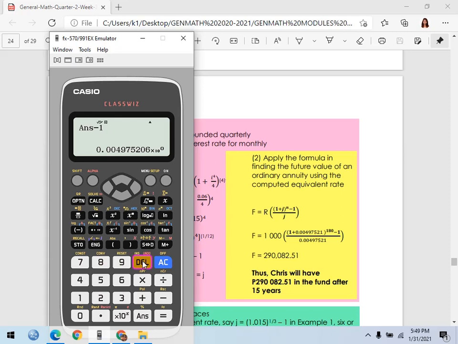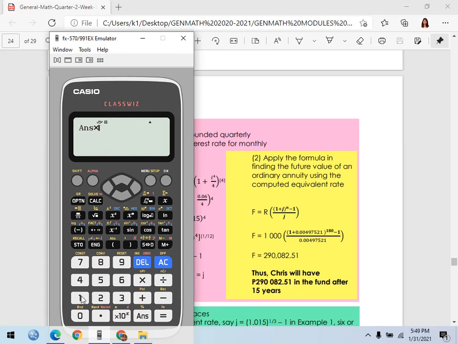So, same process. Kamukha ng ginagawa natin kanina. So, we have 1 plus 0.00497521 raised to 180, minus 1, divided by 0.00497521.